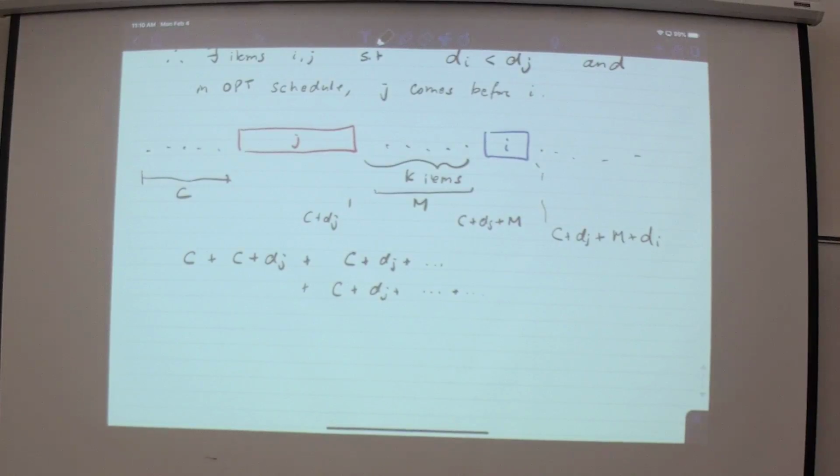And there's going to be K of these things, right? Plus C plus DJ plus M plus DI, right? Plus a bunch of other stuff, which I don't care about.